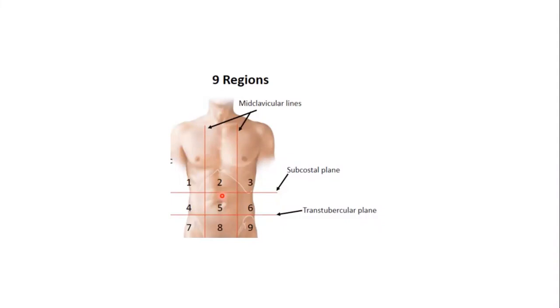Then we have the transtubercular or the intertubercular plane, which is again a horizontal plane that joins the tubercles on the iliac crests on either side of the midline, and it lies at the level of the 5th lumbar vertebra.